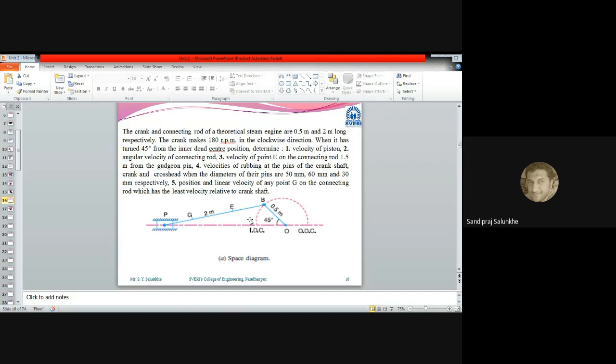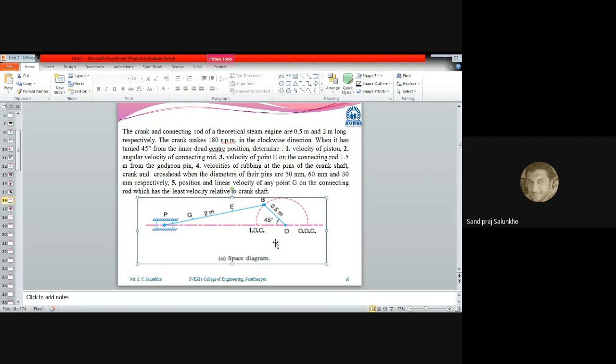As we know, first of all we will draw the space diagram. While drawing the space diagram, it is given that this connecting rod is 2 meter long. On an A4 size sheet, it is not possible to draw a 2 meter long line.